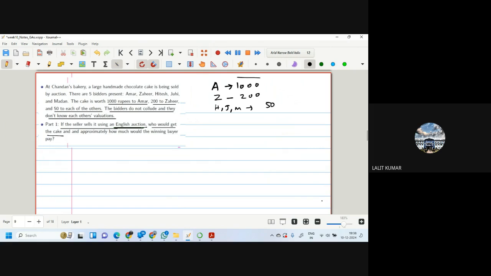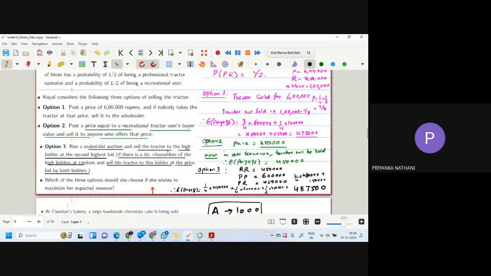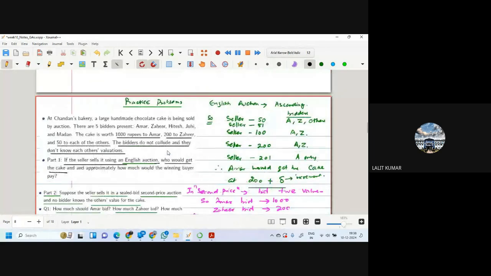So who will win? Amar will win. But how much he will pay? 200. So always remember that in English auction, you pay the second price. Now we come to the second part of this question.